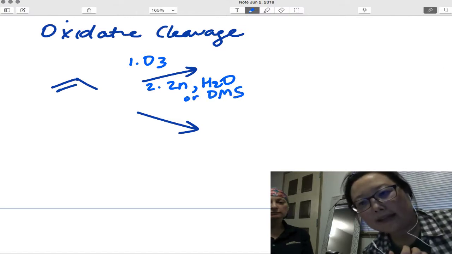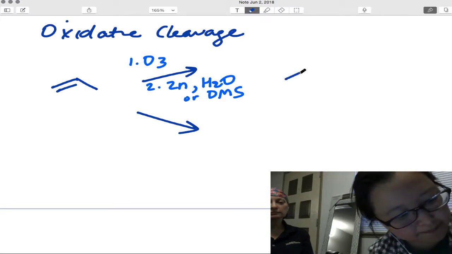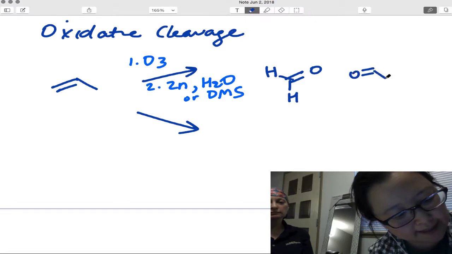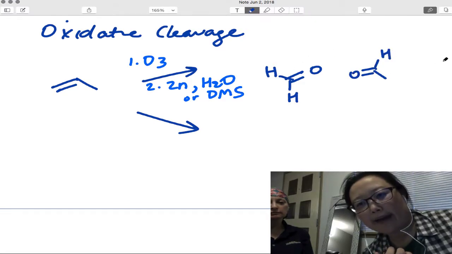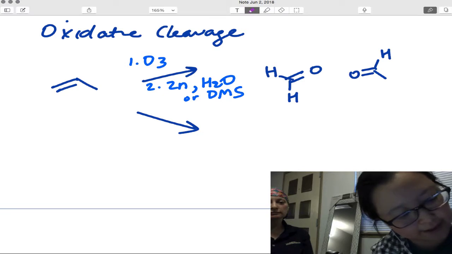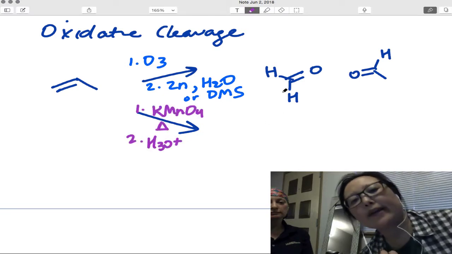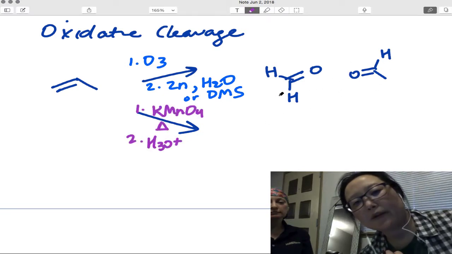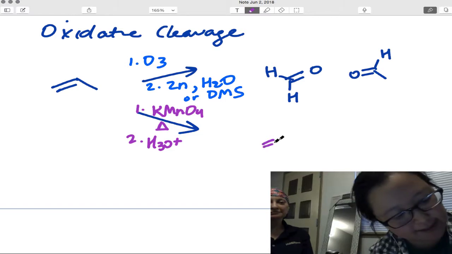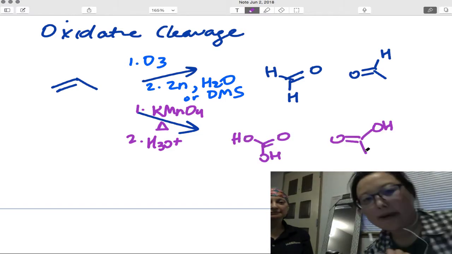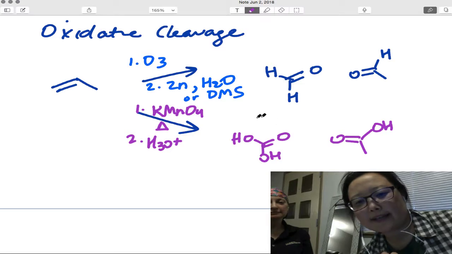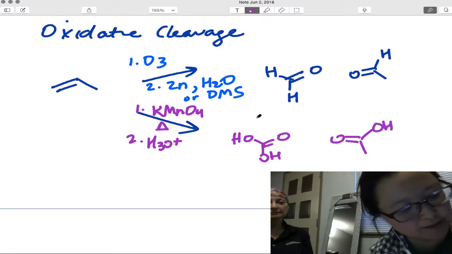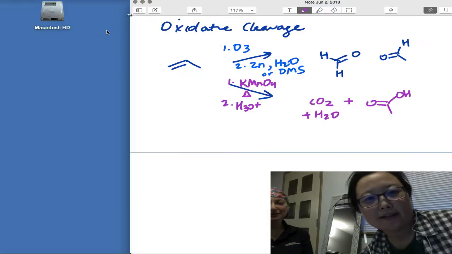And that's going to give you an aldehyde here and an aldehyde here. If you have hot KMnO4, then I'm basically going to oxidize all of these all the way to the carboxylic acid. So I'm going to get this. But hopefully you recognize this is going to break down into CO2 and water.